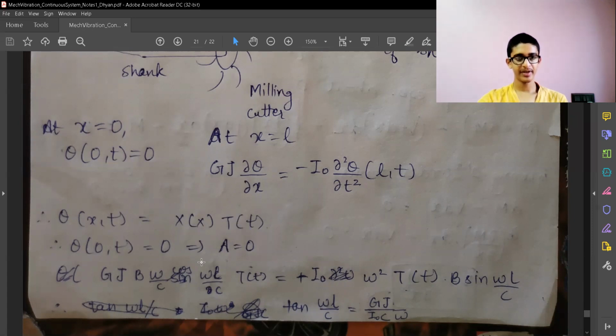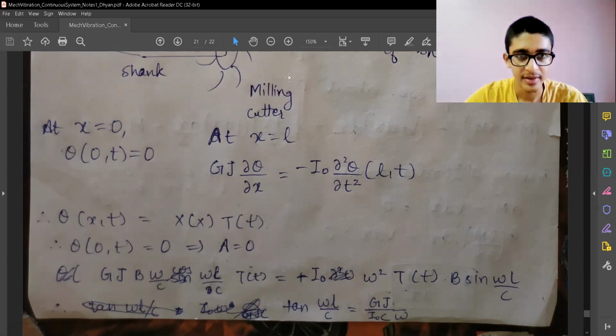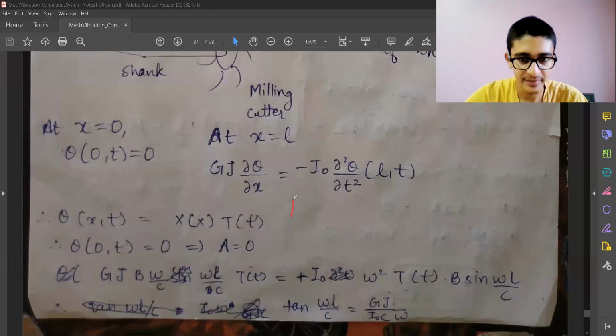Due to the second boundary condition, we get this condition, which is a bit complex, and I have messed up over here. So it is GJ B omega by C into cos omega L by C. So I can rewrite that equation.